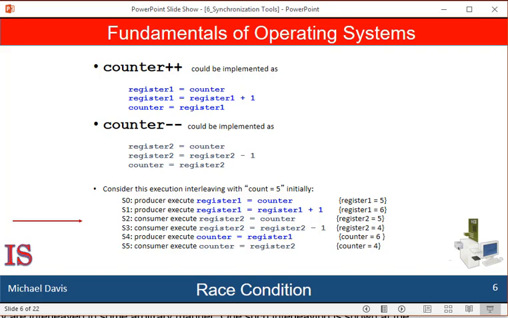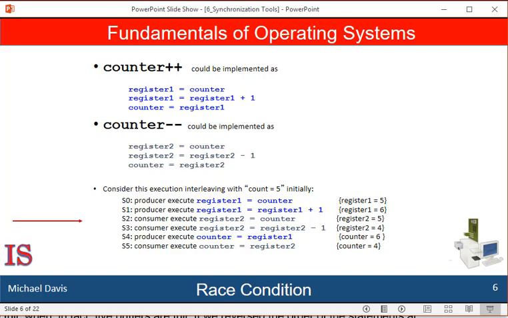Notice that we have arrived at the incorrect state, counter equals 4, indicating that 4 buffers are full, when in fact 5 buffers are full. If we reverse the order of the statements at T4 and T5, we would arrive at the incorrect state, counter equals 6.